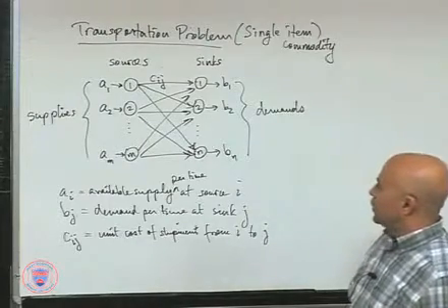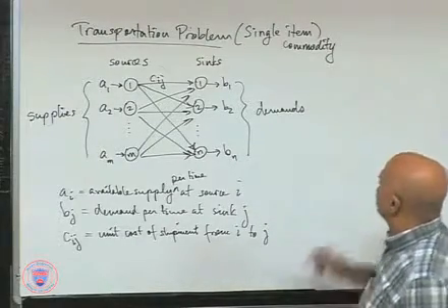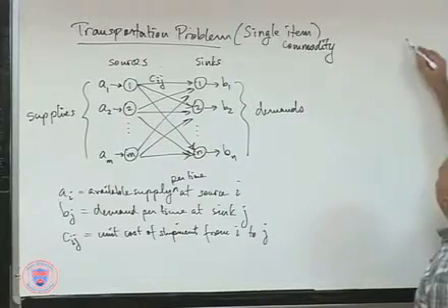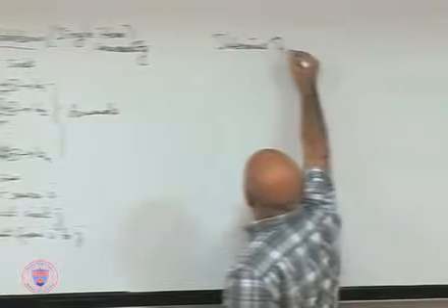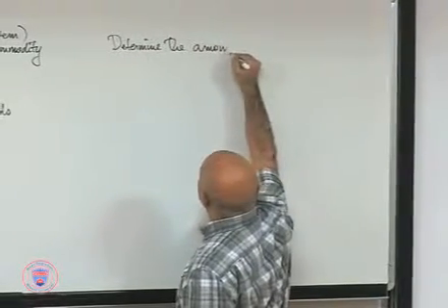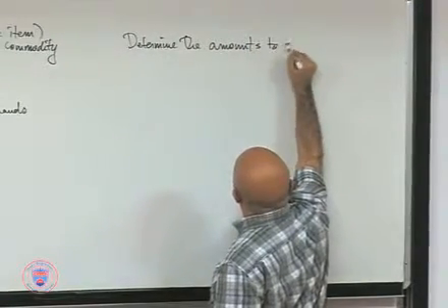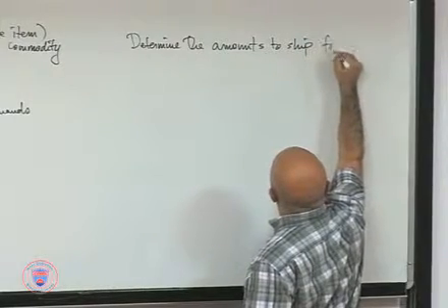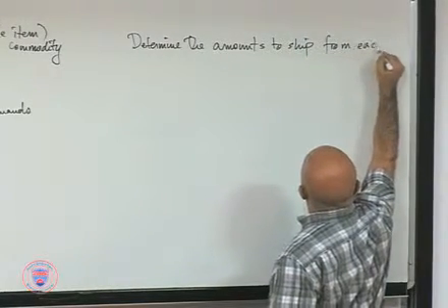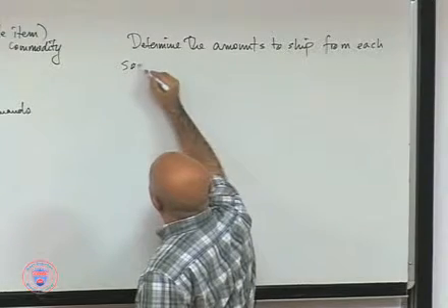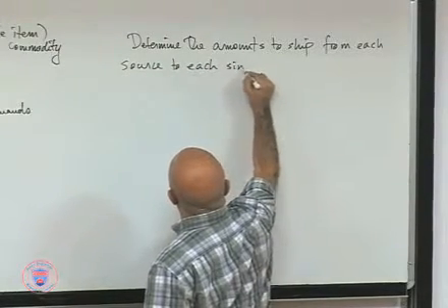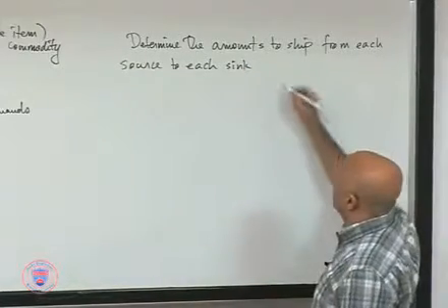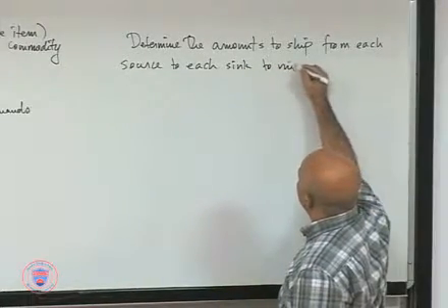All right. So what is the decision problem? The decision problem is to determine the amounts to ship from each source to each sink per time to minimize the total cost of shipment.